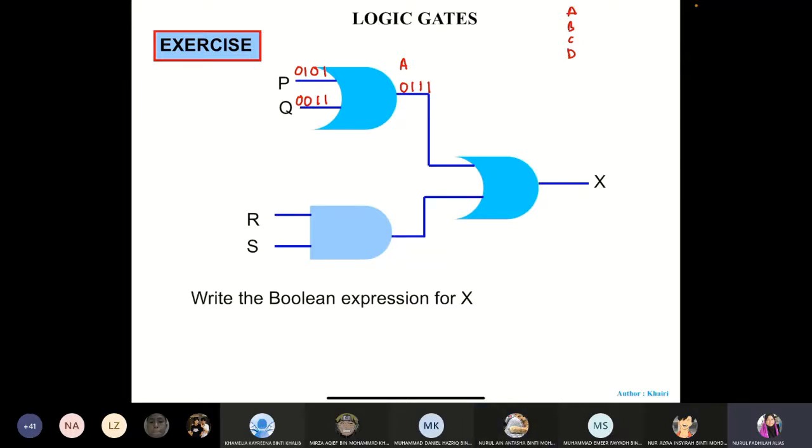So kat situlah juga 0111 sebab dia daripada sini kaki tu. So that's the new input for the final gate tu. So RS 0101 0011. So this is AND, therefore 0, 0, 0, 1. 0111. So this is the new input for this one.